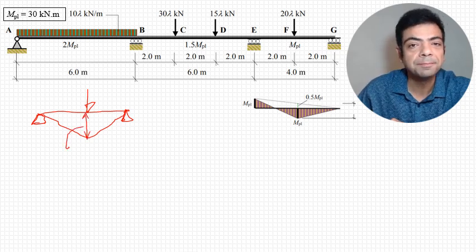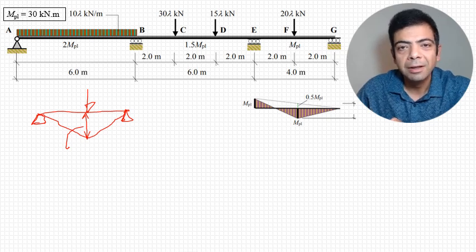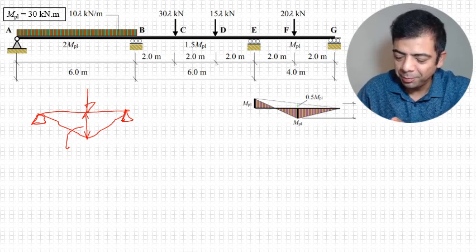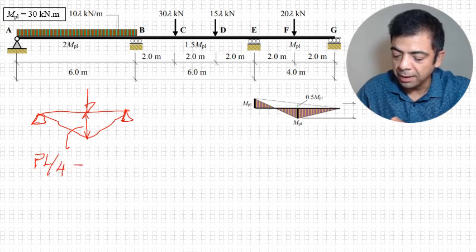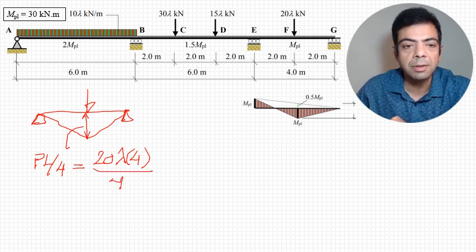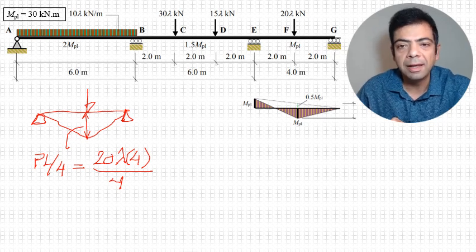Can you guess? It's PL over 4. So in this case, P is 20 lambda, L is 4 meters, and we're going to divide that by 4. So eventually it's going to be equal to 20 lambda.